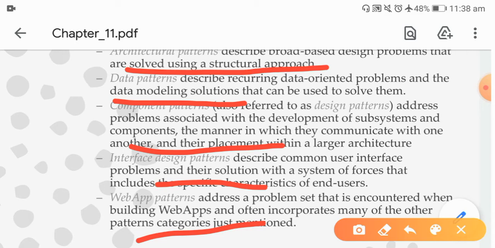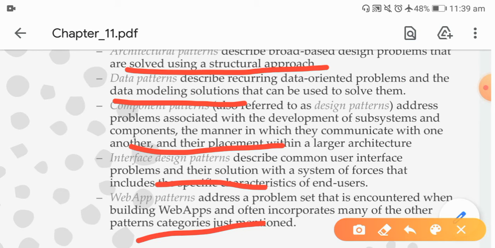Whatever transactions are performed by your user, they need a quick response from your machine. So for that, first of all for the web app patterns you require high quality internet. So these are all the patterns we discussed with our ATM machine. You can design patterns for any type, such as for other types of systems.